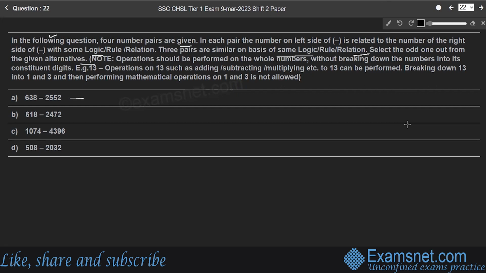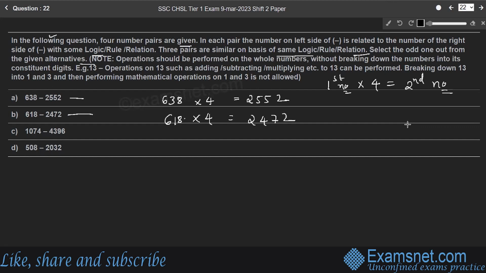Here the logic is first number, which is 638, into 4 is 2552. Here logic is first number into 4 is equal to second number. Similarly, 618 into 4 gives 2472 in the second pair.